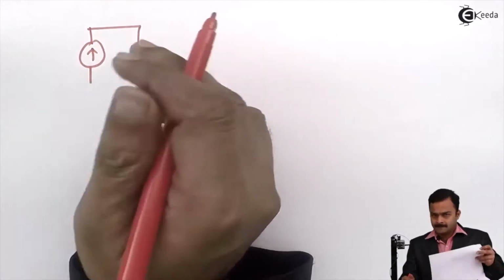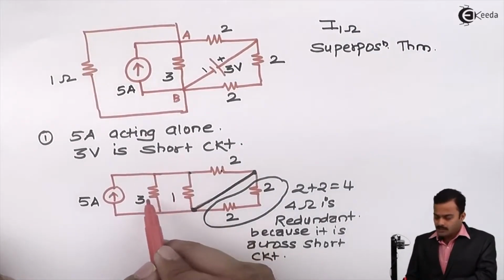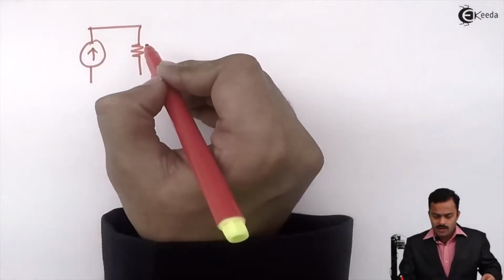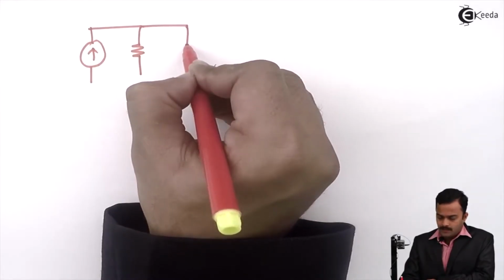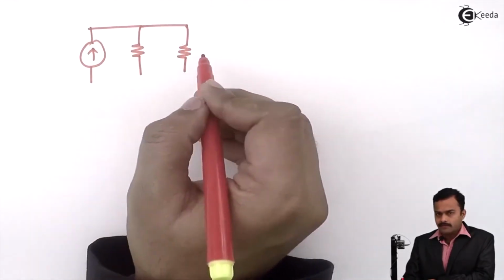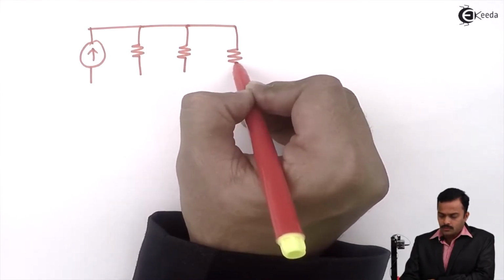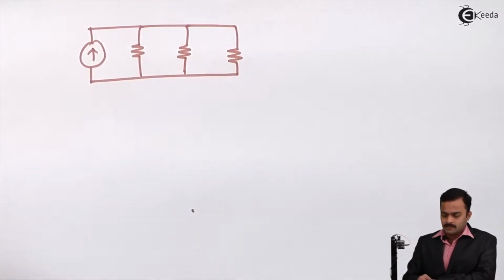I can do one thing. In this circuit, I can interchange the position of 3 ohm and 1 ohm. That is not going to affect the circuit. So instead of this as a 3 ohm, I will consider 1 ohm, and 3 ohm I will connect after 1 ohm, and the other 2 ohm resistance will come in parallel with all these elements.